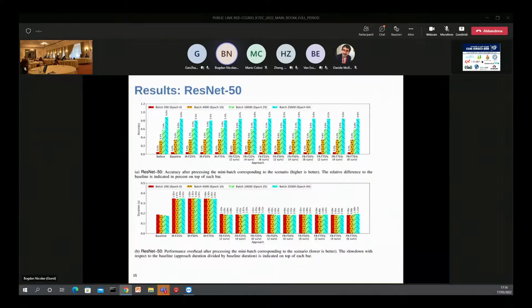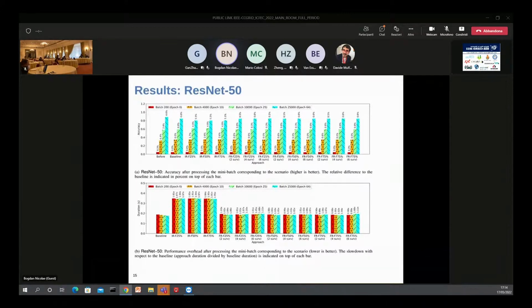Where in the case of the red bar, this is 8.5%. So overall, we can conclude that the two strategies actually introduce very little accuracy loss.